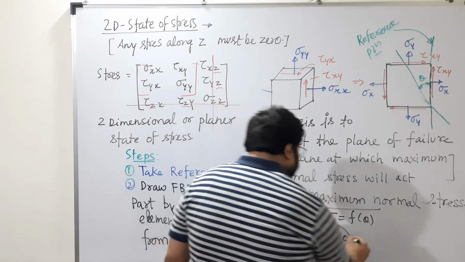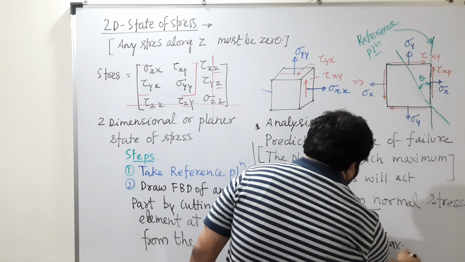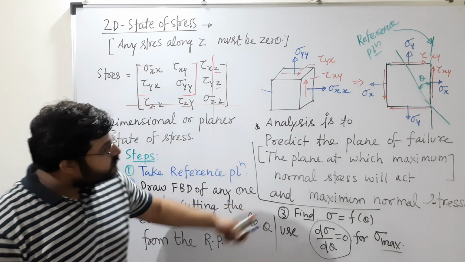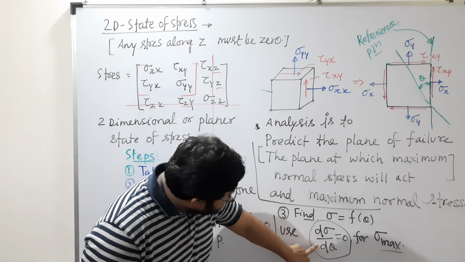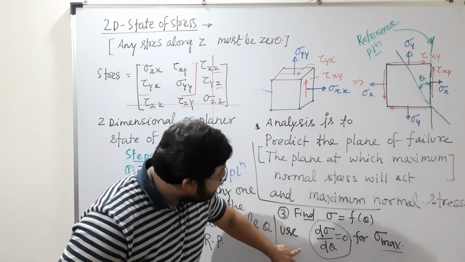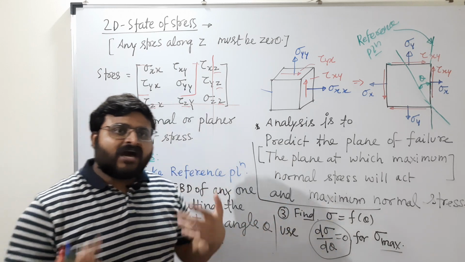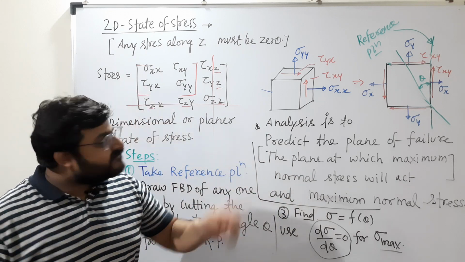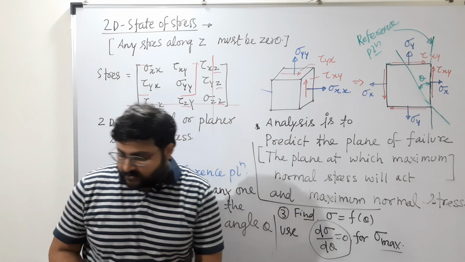You need to find this for sigma max. This will give you how much normal stress is there, and when we differentiate with respect to theta, we get the angle for which this will be maximum. This is going to be our approach in this particular question. Please note it down, and then we will start from there again.